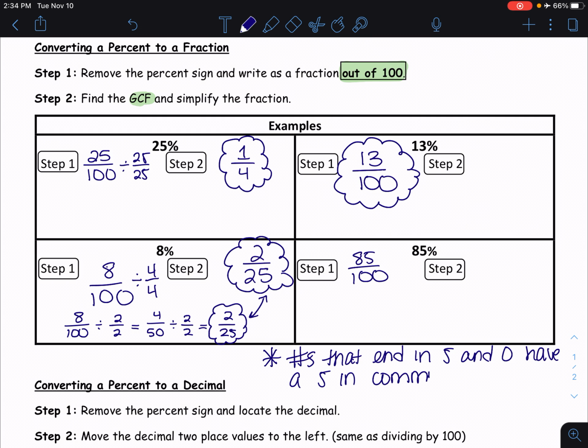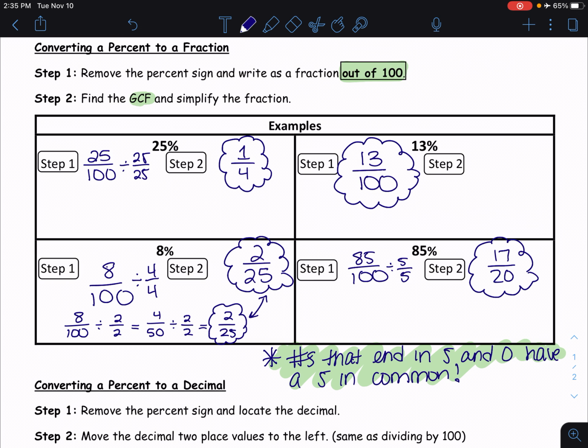We're going to talk about it in class over and over again. If a number ends in 5 or 0, then it has a 5 in it. So for this one, I'm going to start by dividing by 5 on both the top and the bottom. 85 divided by 5 is 17. And 100 divided by 5 is 20. And that is completely simplified.